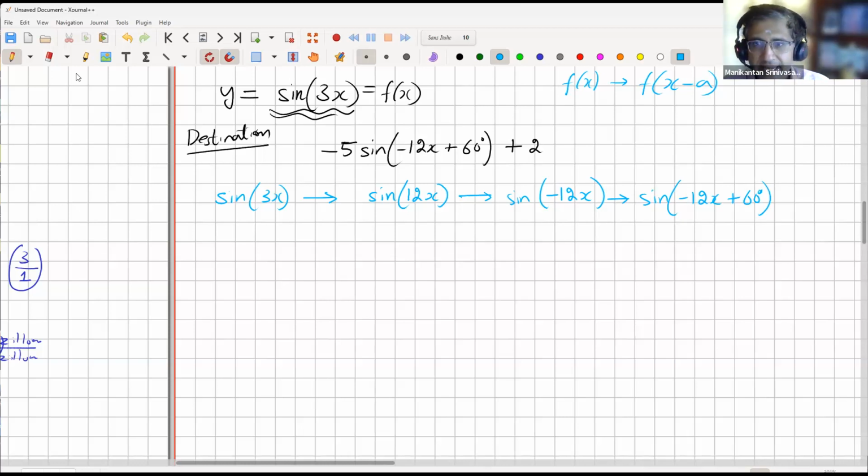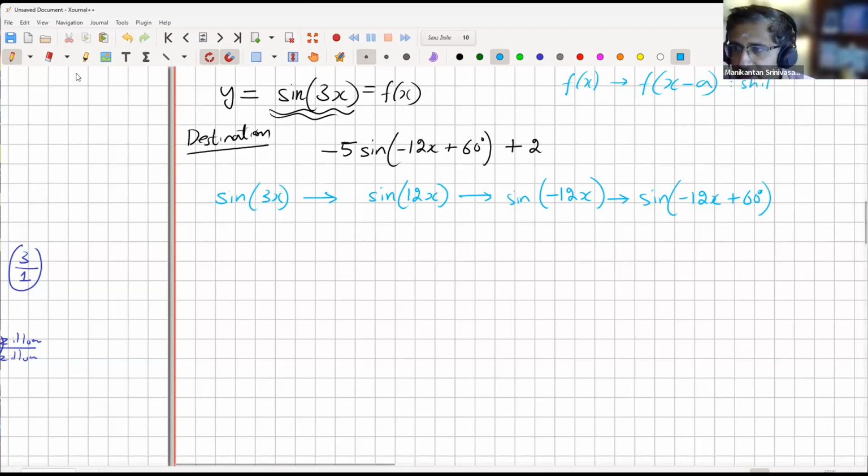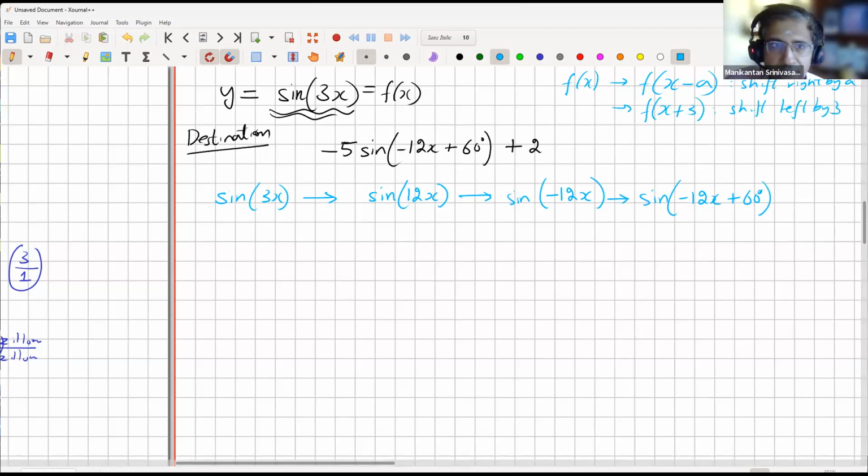We did say that f of x goes to f of x minus a means shift right by a, and if it's f of x goes to f of x plus 3, it's shift left by 3. In fact, I'll replace the a with a number so that it's easy.